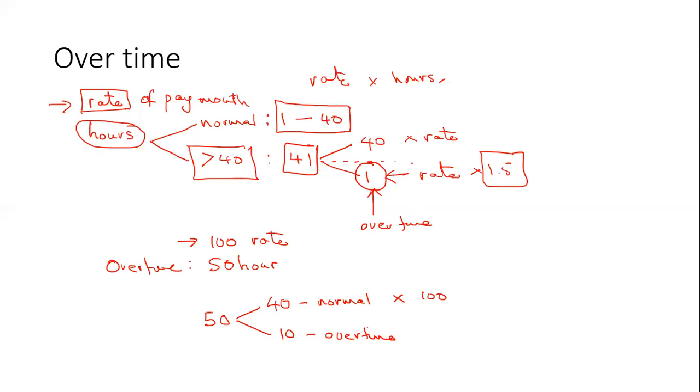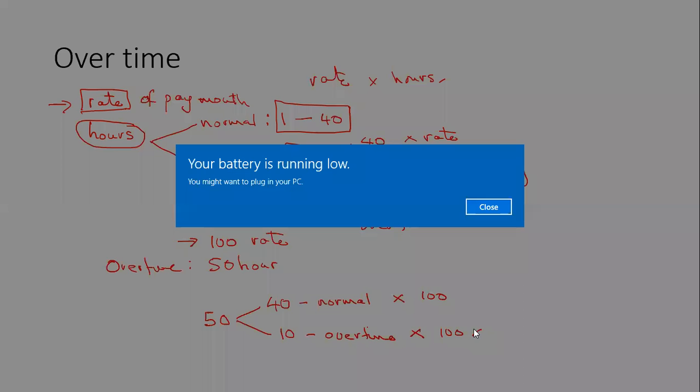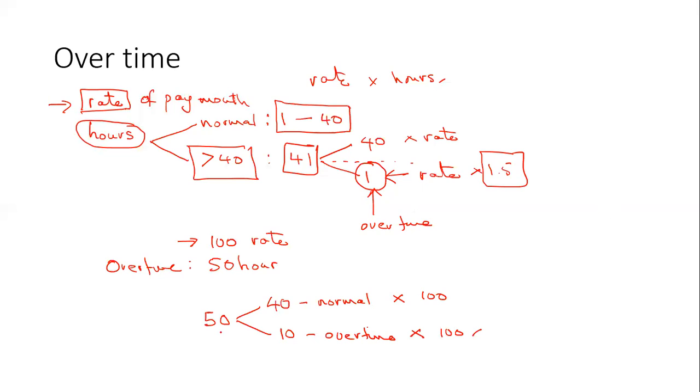But the 10 overtime hours I should multiply by the rate, and then also multiply by 1.5. That gives the employee an extra amount that they will be earning.